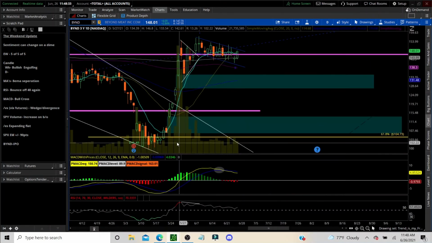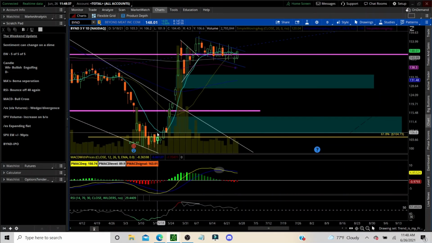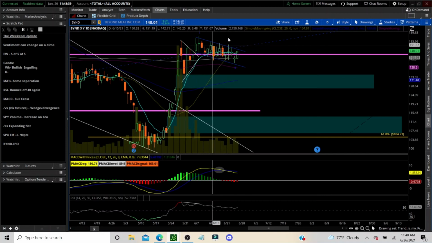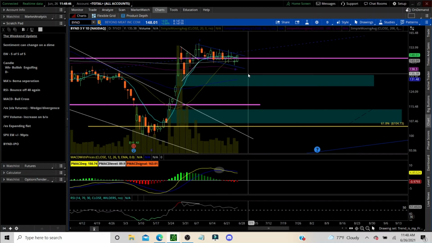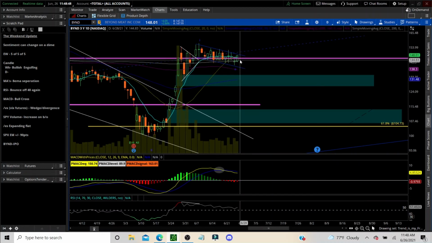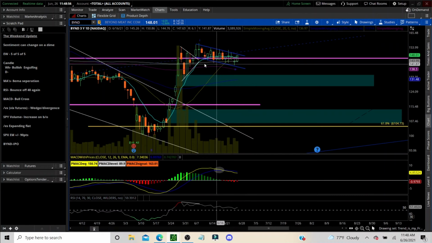We might have, at this point, we're working on wave 1. I don't think this wave 1 is over yet, and then we'll come back for a wave 2, but we have some room to the upside before doing that. So anyway, we just closed over on Friday. We closed over the 8 MA and the 20 MA as well. So it was a great push right off the 200.